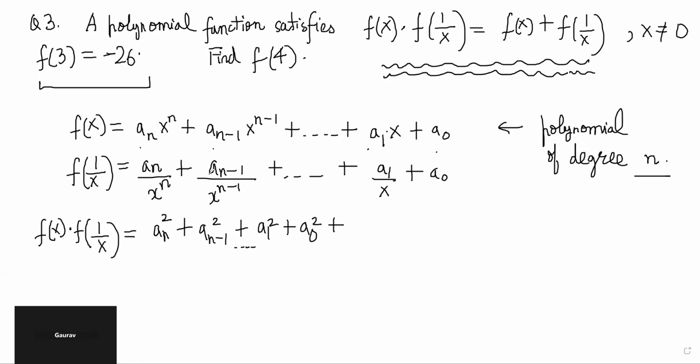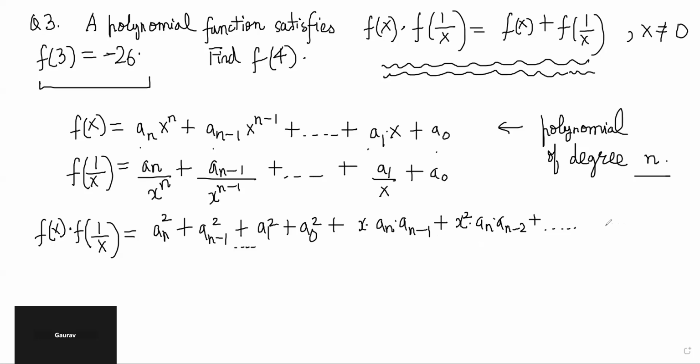You can see there will be terms like x into an minus 1, there will be terms like x square into an minus 2, and so on, right? Do you understand? Yes, sir.